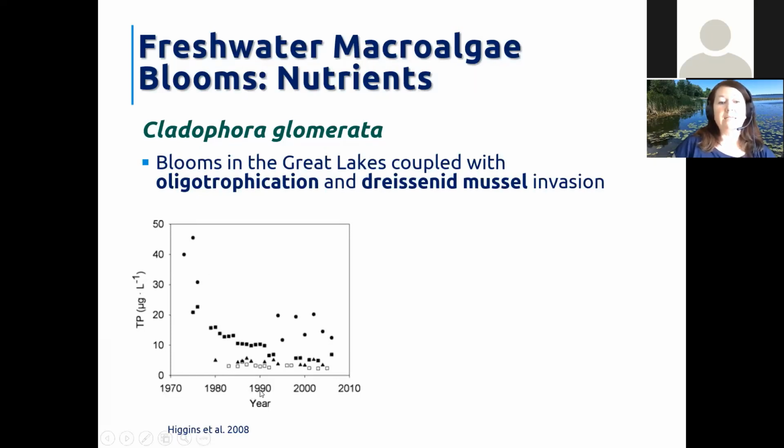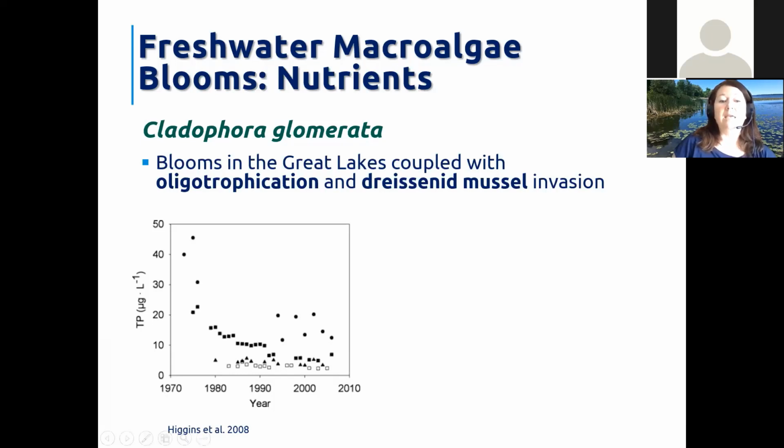And so by the 1980s, 1990s, you can see, assume here this is Lake Erie, this is Lake Ontario, Lake Huron, and Lake Superior. Lake Erie being a lot more variable in the 2000s, but overall a dramatic drop in nutrients. And during this time, I'd say in the mid-80s, the literature basically says Cladophora responded to this.